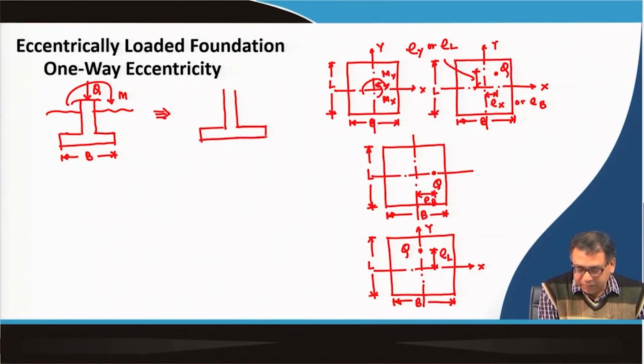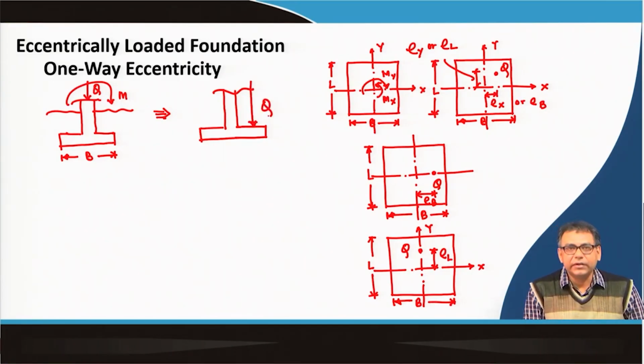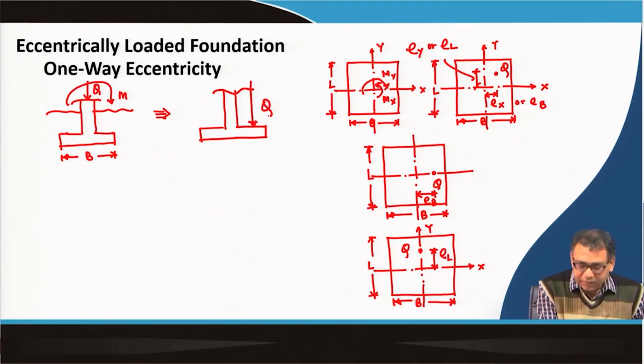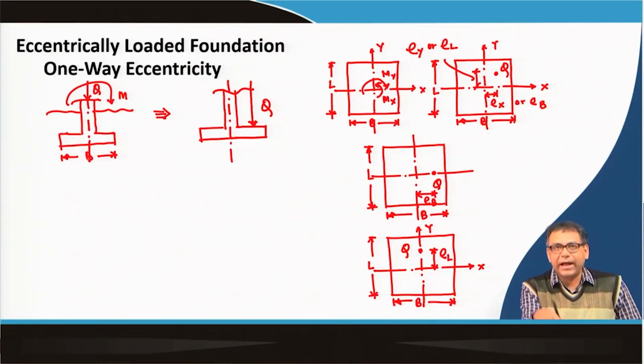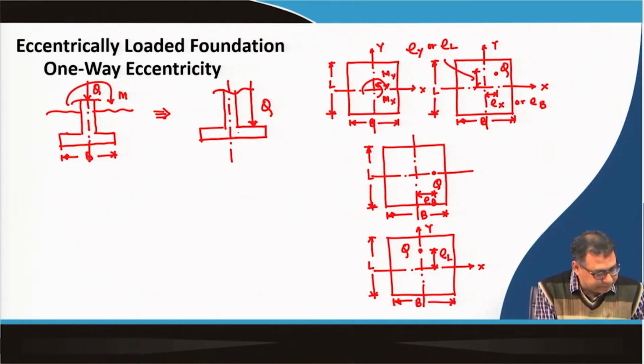This is my foundation. Now, the loading is acting here with an eccentricity. This is the center line, because a moment is acting, and sometimes the column will act directly at a certain distance from the center. So, this is B.